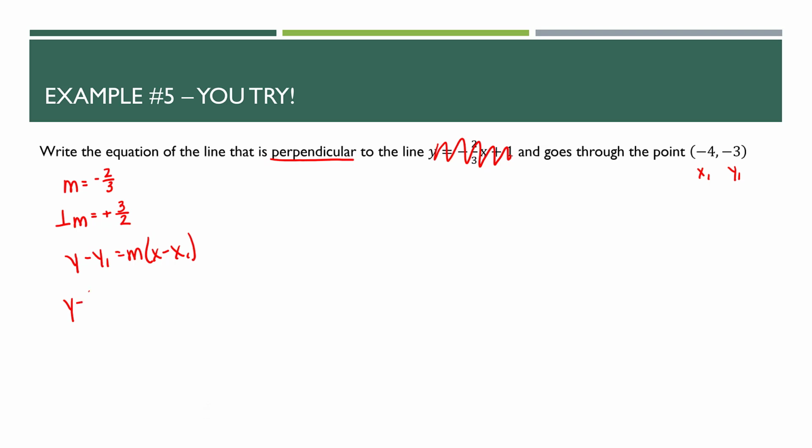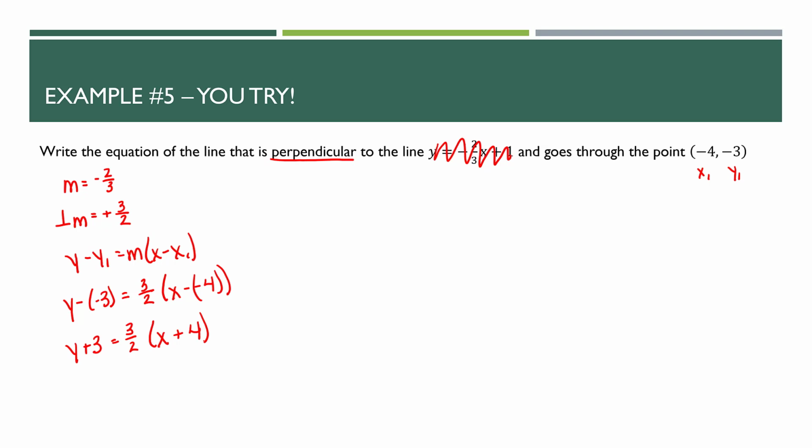So y minus negative 3 equals my perpendicular slope, 3/2, times x minus negative 4. First thing, clean up all these double negatives. y plus 3 equals 3/2 times x plus 4.